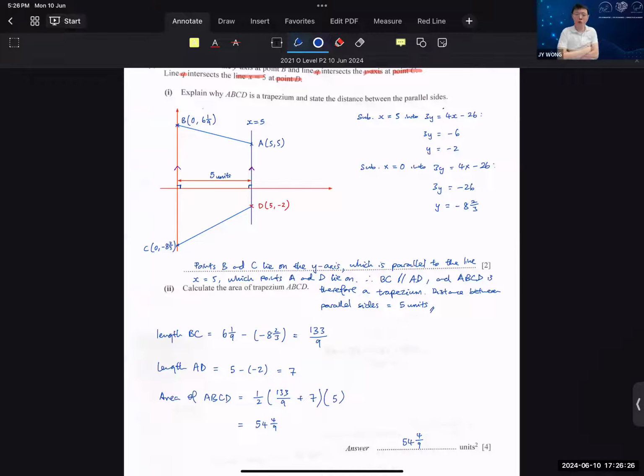That's why part 1 is 2 marks, because all you need is to find the gradient of the 2 lines and find that they are actually parallel because they have the same gradient. Maybe that's the method that Cambridge wanted, and that's why it's 2 marks. But that will make your part 2 obviously a lot harder because you will then have to apply distance formula because you never realize that it's like that.